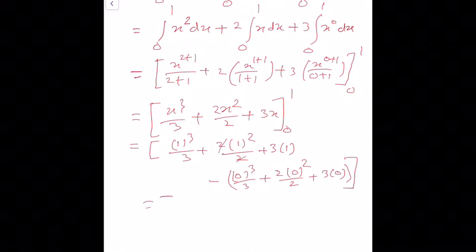Two cancel, so 1 upon 3 plus 1 plus 3, or 1 upon 3 plus 4, or 13 upon 3. It is the answer.